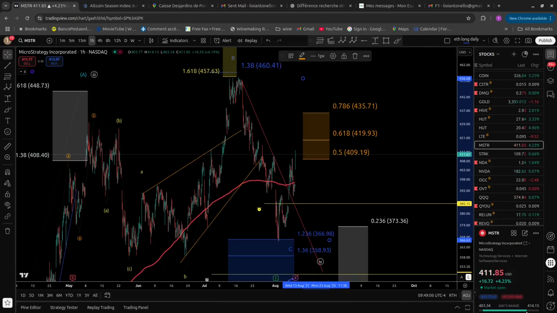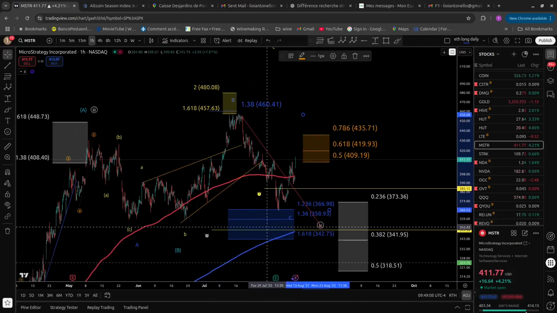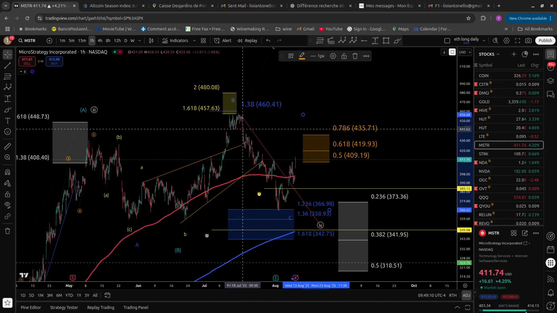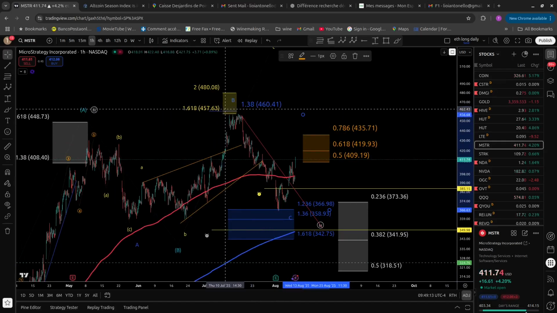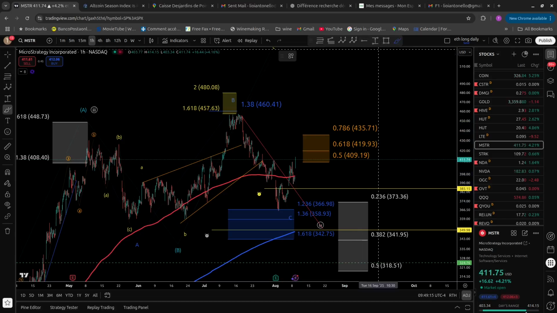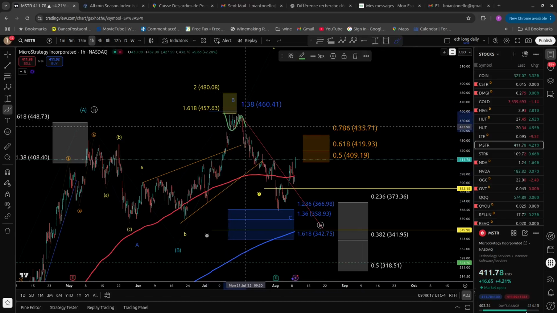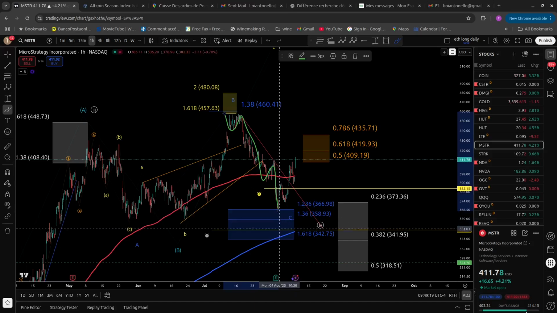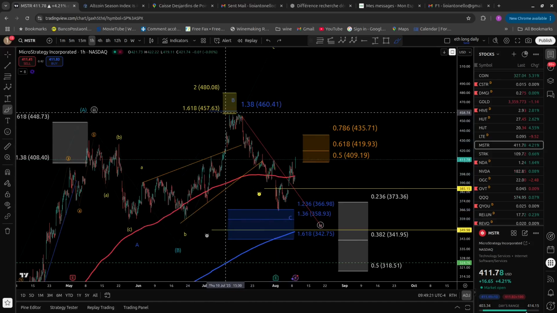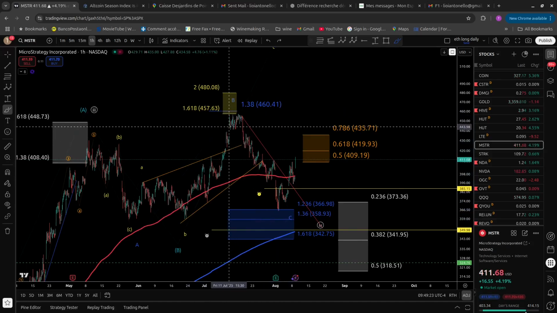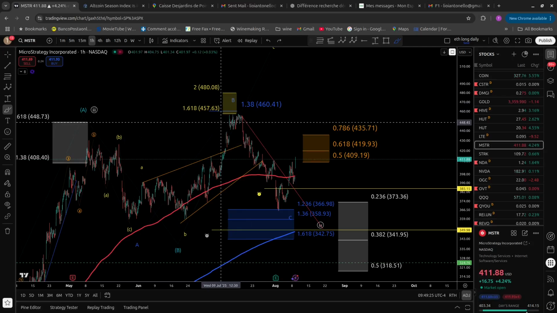So I did tell you once again, this correction could be completed. Structurally, it's a mess. There are some people, they count this as a 1-2, a 3, a 4, and a 5. Could be. I don't like this 1-2. Lately, honestly, there is many 1-2 I don't like. So I'm not even going to attempt to label it.